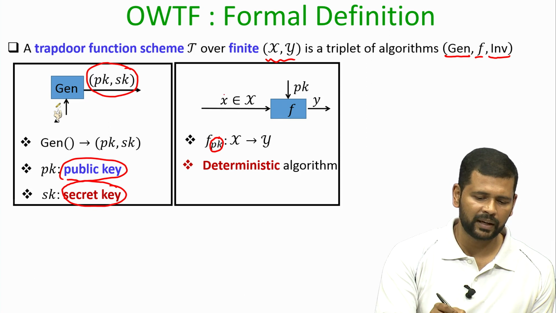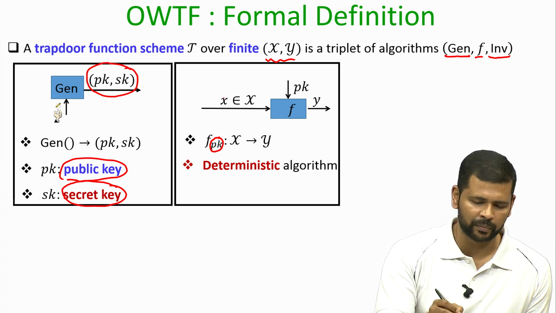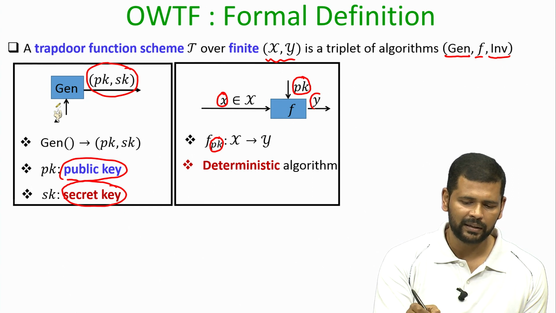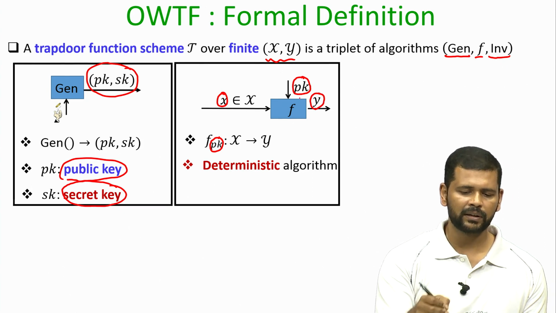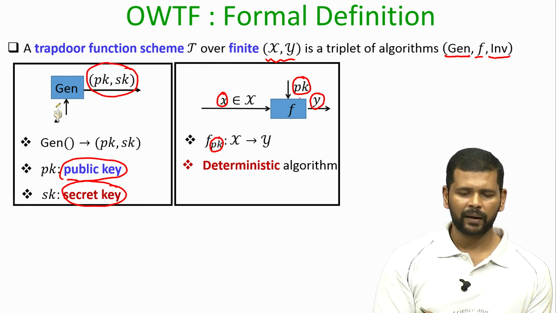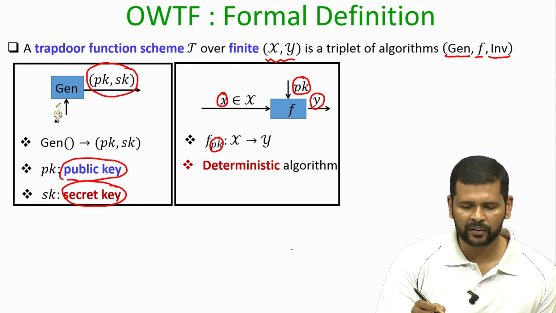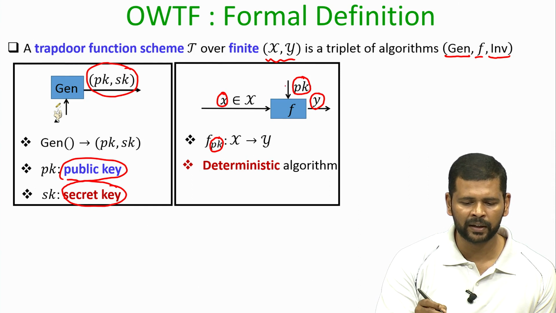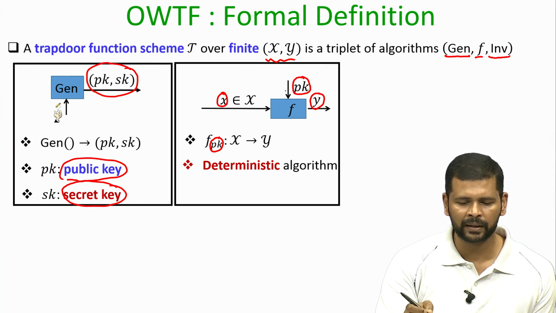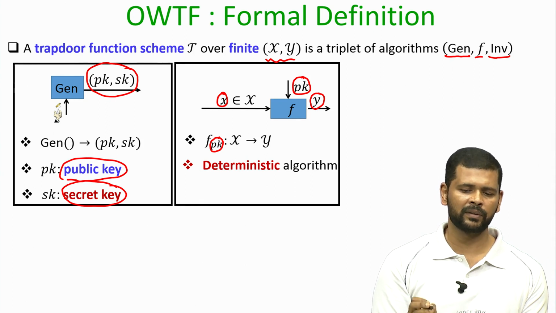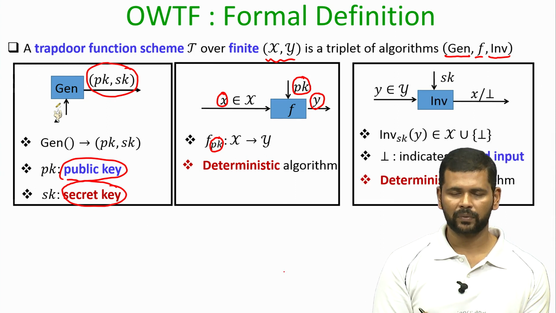The function takes two explicit inputs, namely the input x on which the function needs to be evaluated and the public key, and it gives you an output which I denote by little y, an element from the codomain set fancy Y, and it is a deterministic algorithm. That means every time you evaluate this function f with the same input x and the same public key pk, you will obtain the same output y. There is no randomness as part of the algorithm.